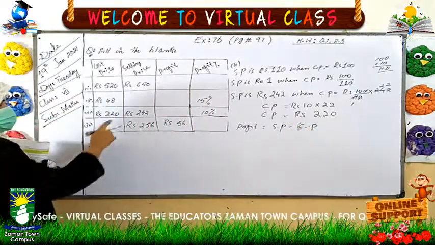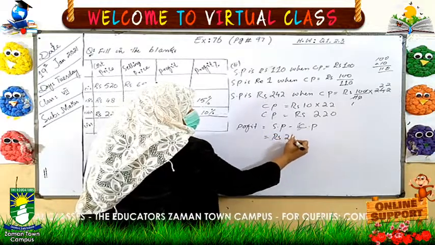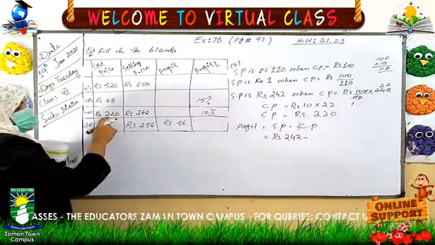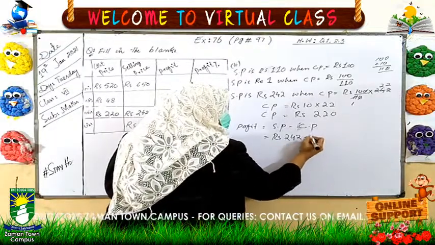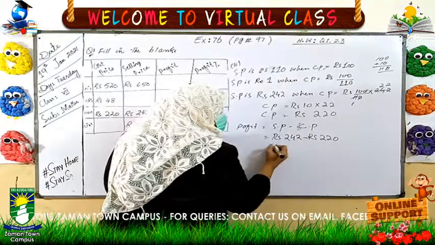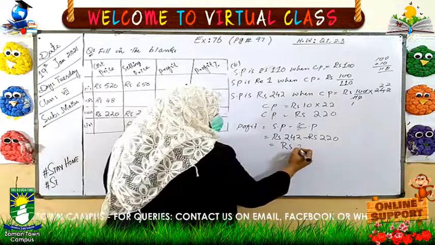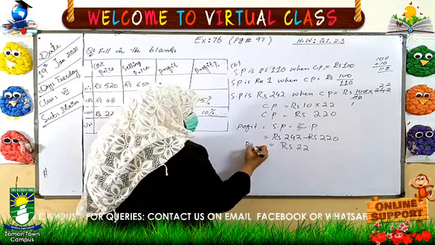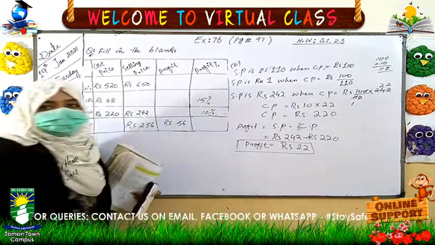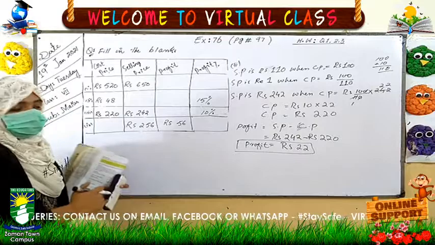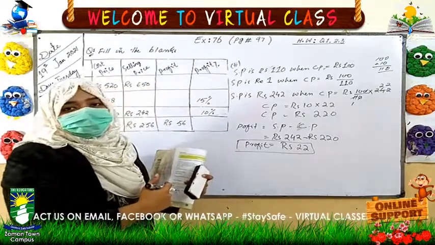What is the value of your SP? 242 minus what is your value of CP which you have found? 220. 242 minus 220 will give you 22. It is your profit. It will be solved by the same method which we have done in the last questions of exercise 7.